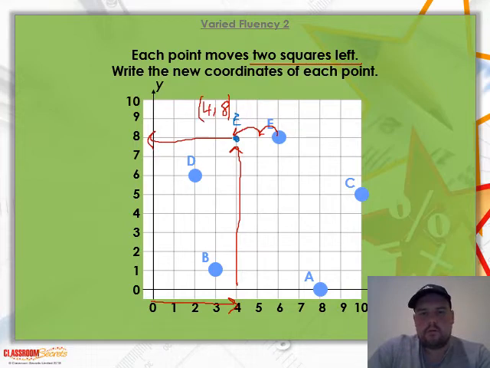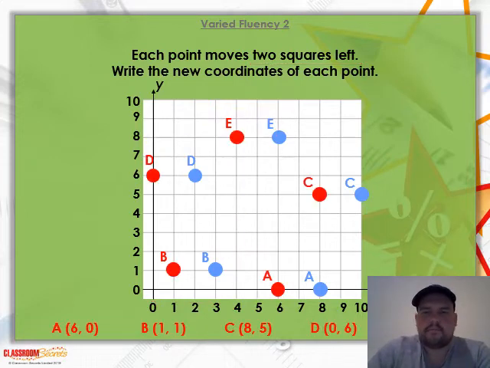We go along the corridor to 4, 4 along the x-axis, x number's always first, and then up to 8 on the y-axis, and y is always second. So it'll be 4, 8 here for E, because we've moved E 2 to the left. You can do the rest for D, B, A, and C, and then obviously check your answers on the next slide.